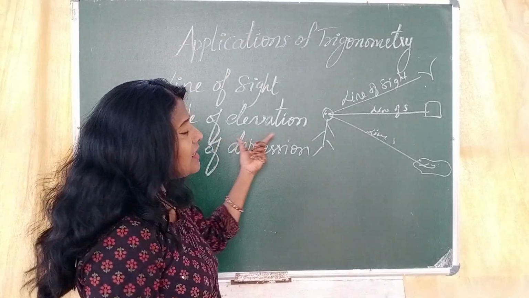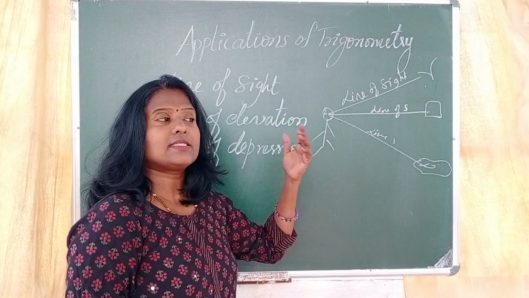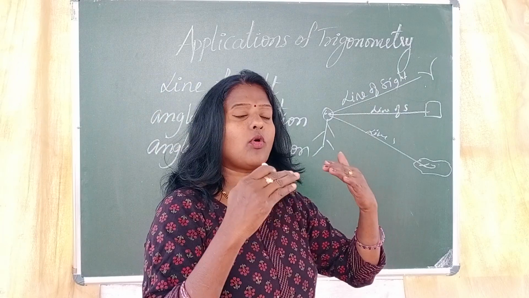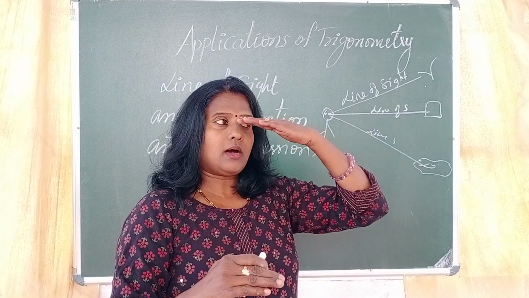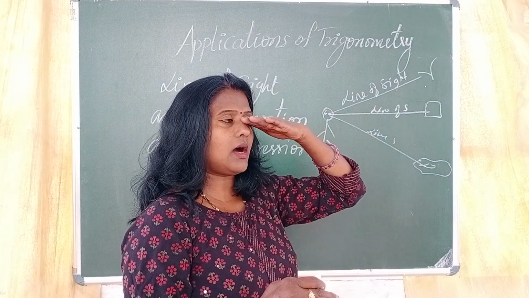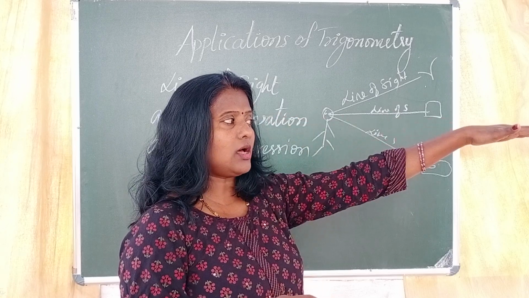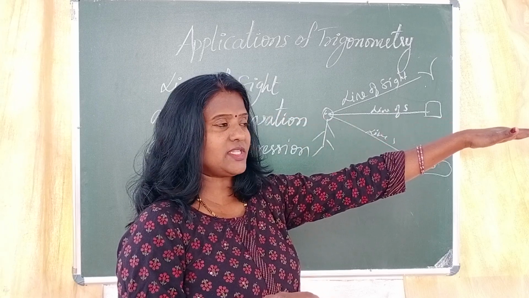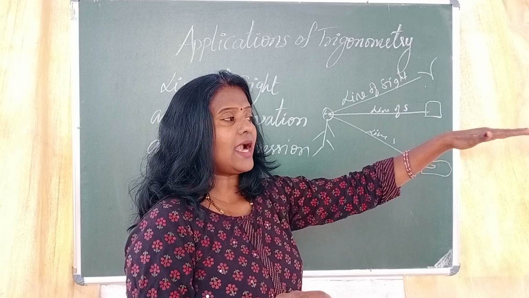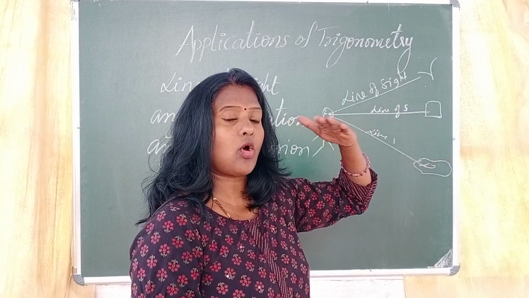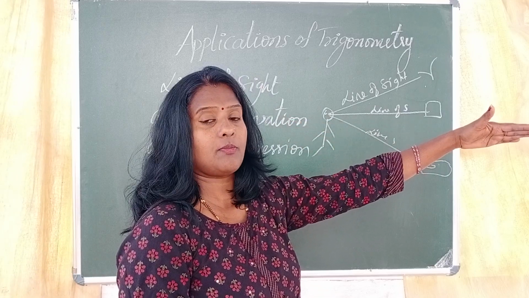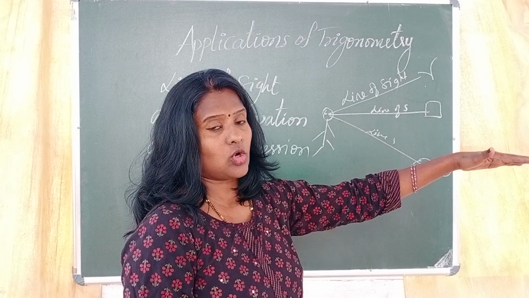But what is angle of elevation? For our convenience, the line from the eye to the object, which is straight, we will consider as horizontal. The horizontal line drawn from the observer is nothing but the horizontal line.